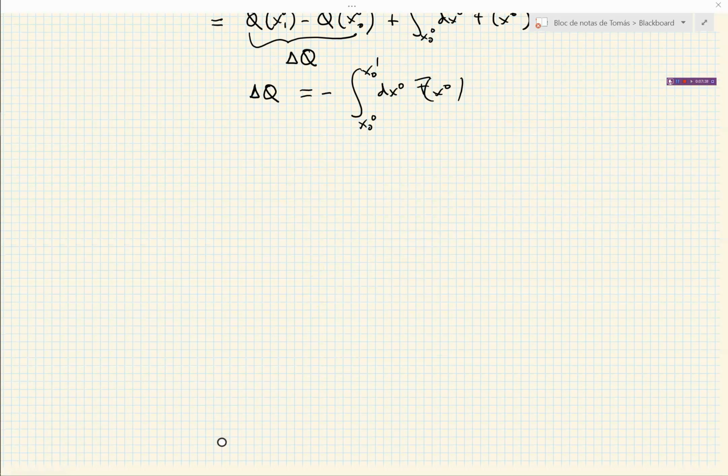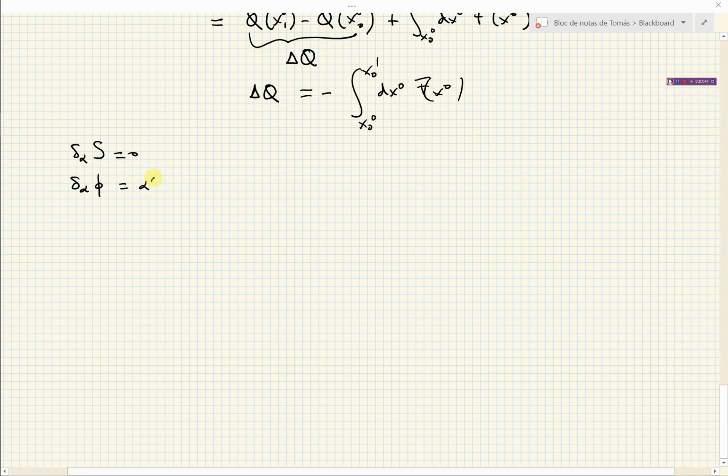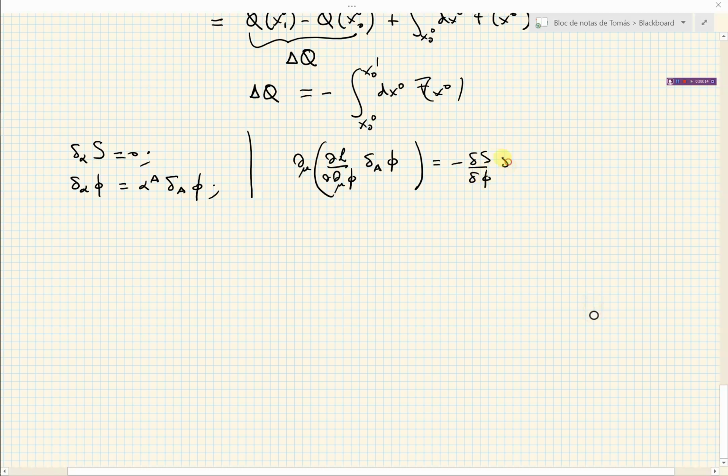If you have an invariance of the action under some transformations of the fields, with parameters and parameter-independent transformations, you are going to arrive to the conservation law. delta A of phi will be equal to minus the equations of motion times delta A of phi, and this is true for any kind of fields.